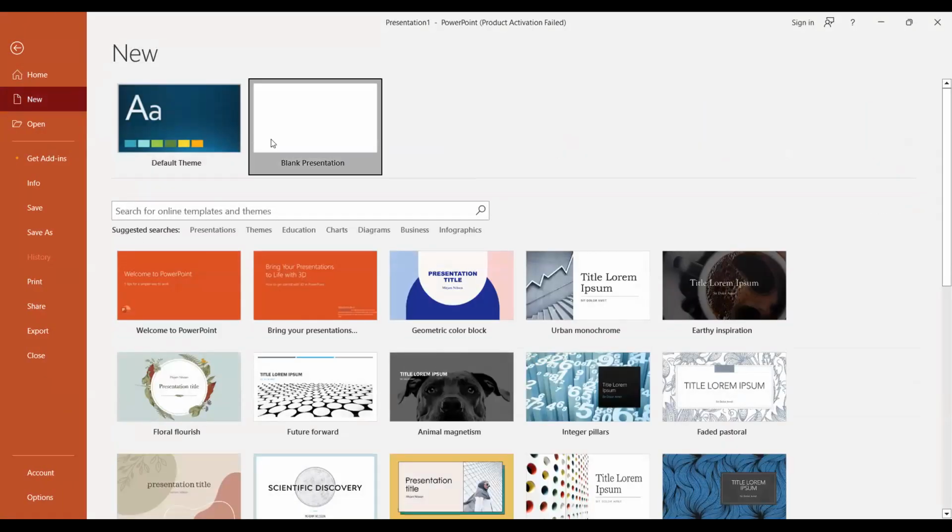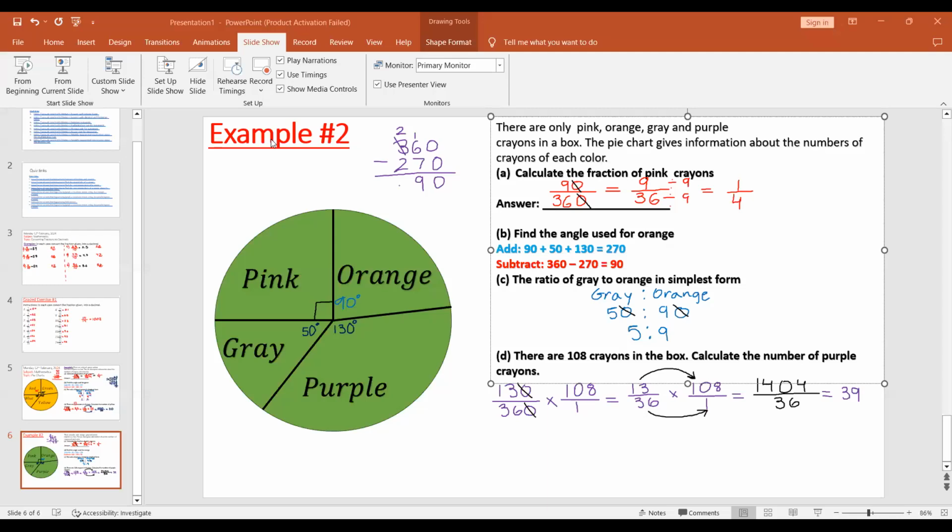There are only pink, orange, gray, and purple crayons in the box. The pie chart gives information about the numbers of crayons of each color. Calculate the fraction of pink crayons. The pink is automatically 90 degrees.